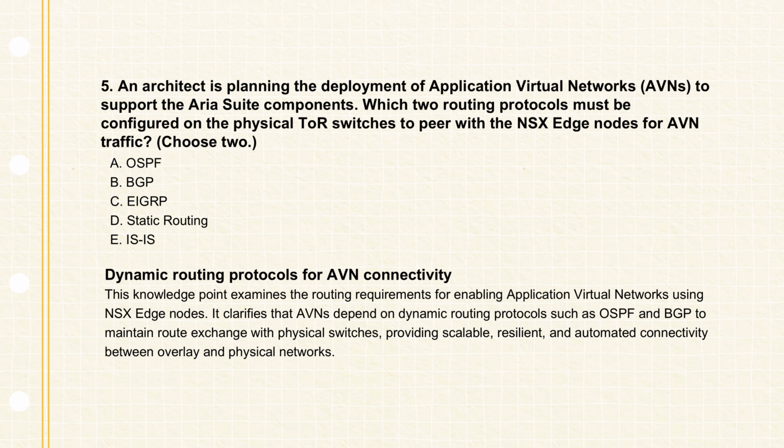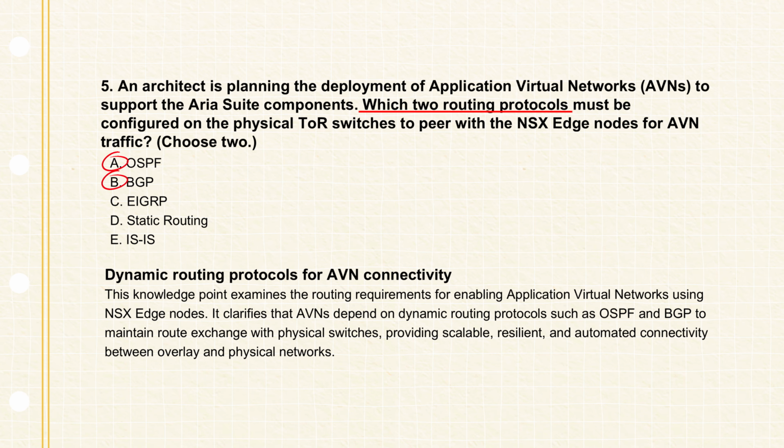So to get traffic out of the NSX overlay and into the physical world, the NSX edge nodes have to dynamically exchange routing information with the physical switches. And that dynamic exchange demands 2 specific protocols. What are they? The sources confirm that the physical network has to be configured to peer with the NSX edge nodes using either OSPF, which is Open Shortest Path First, or BGP, Border Gateway Protocol.